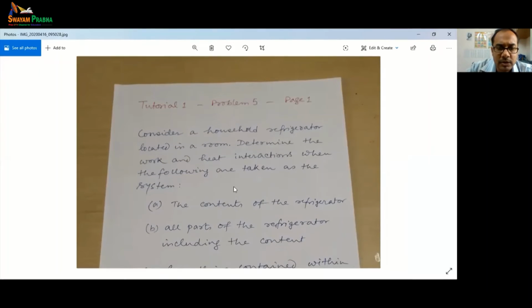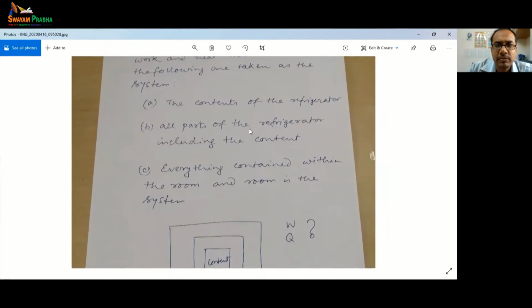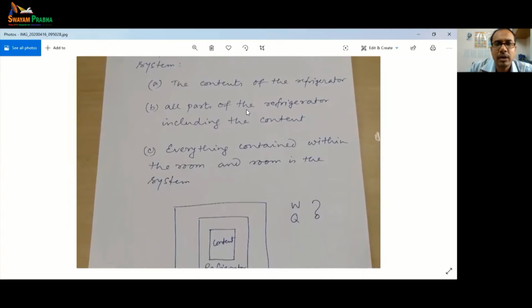It asks you to consider a household refrigerator located in a room. Determine the work and heat interactions when the following are taken as the system. Now you are defining your system and you have to see how the interactions will change based on your definition of system.